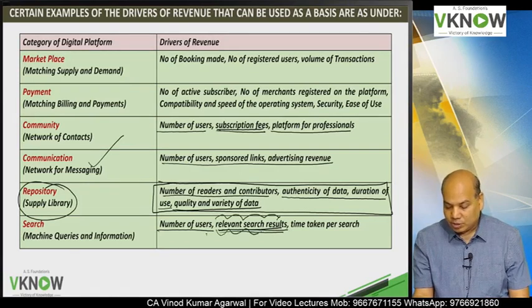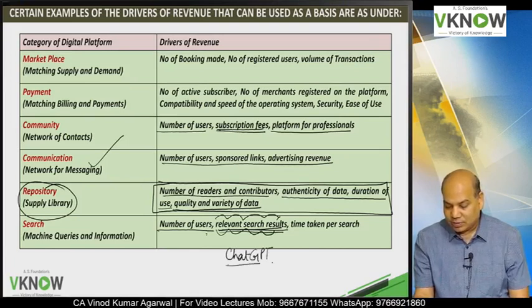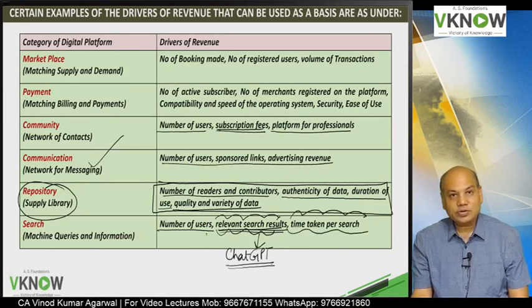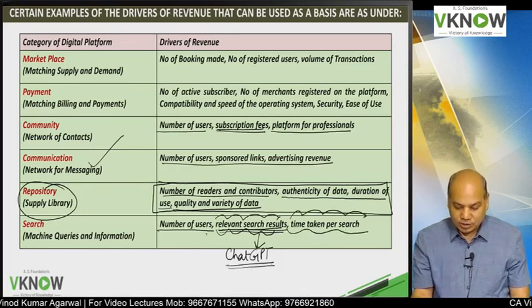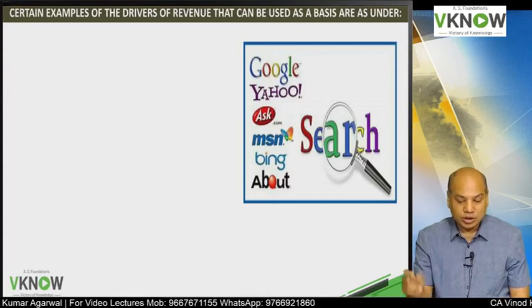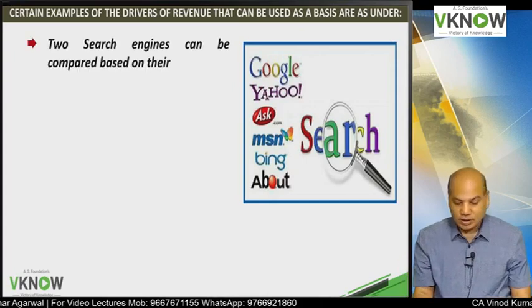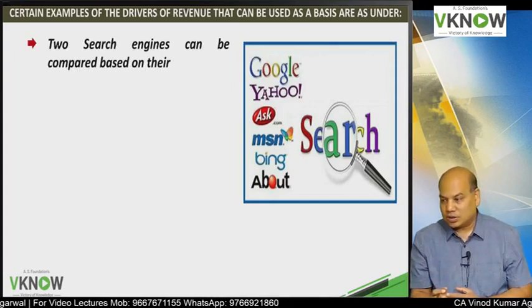Google is popular because of this, and now we have something called ChatGPT that has also started giving good search results. Then it also depends on time taken per search. How much time do you take to get information? All this goes into their valuation model, right?